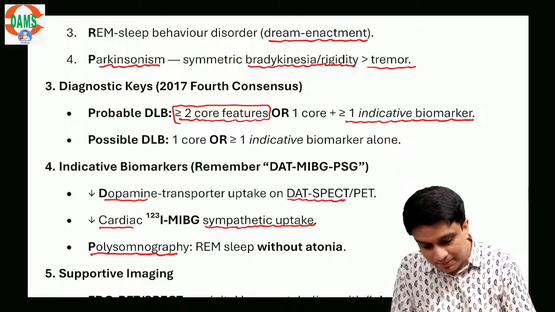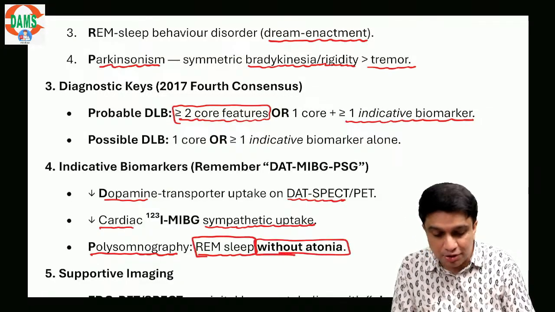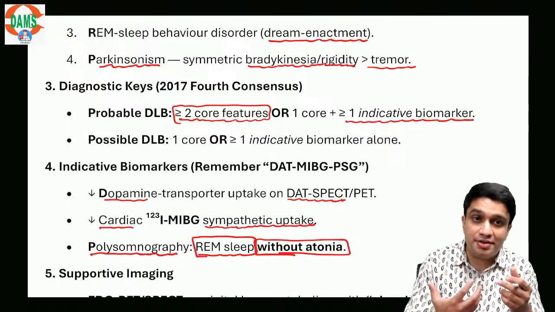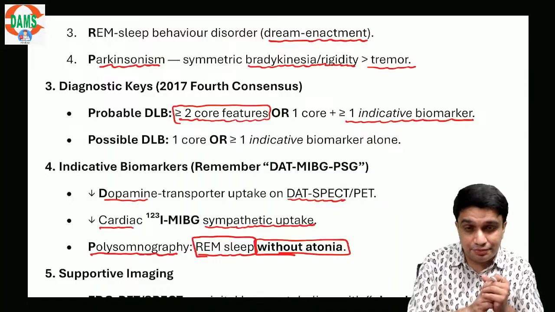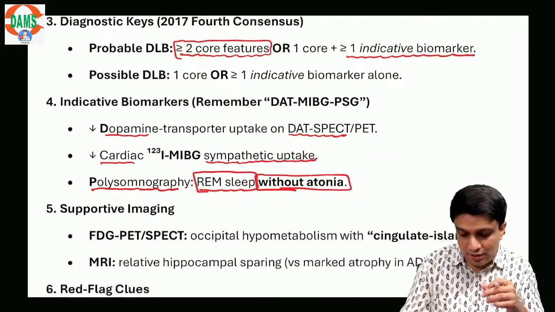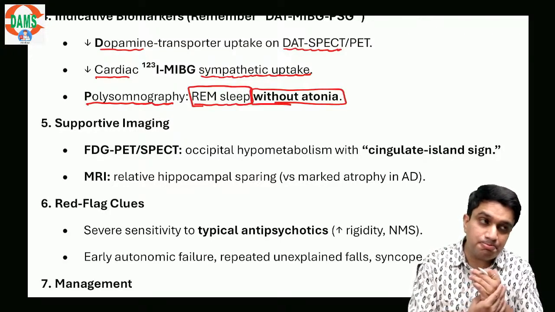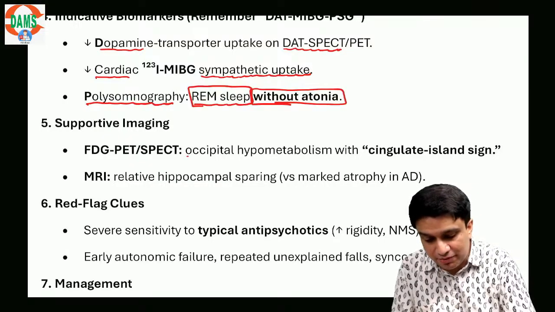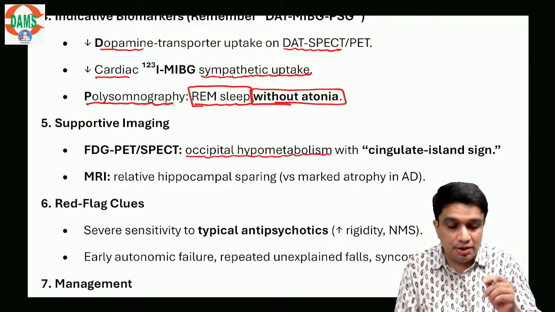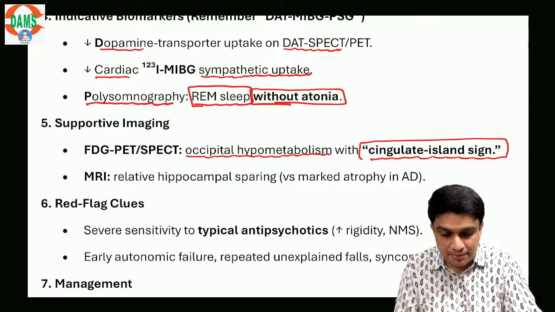Polysomnography could show REM sleep disorder without atonia. Now this is important: hypertonia is seen because of rigidity in these patients, not atonia. If you read about this in detail in radiology, you will find that SPECT and PET show occipital hypometabolism, known as the cingulate island sign in patients of DLB.